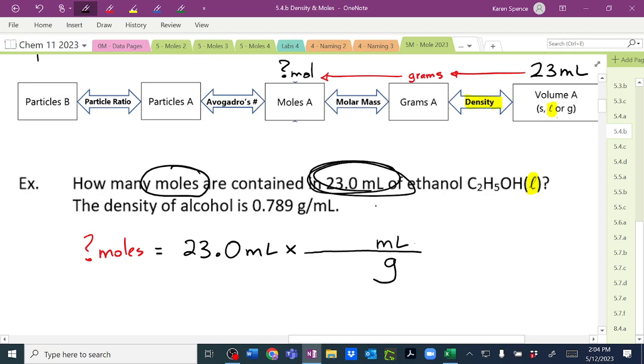Did I do that right? No, I put the units in the wrong place. Friday afternoon is being a little bit not so kind to me. That's all right though. There we go, grams per milliliter. And do we have that quantity?